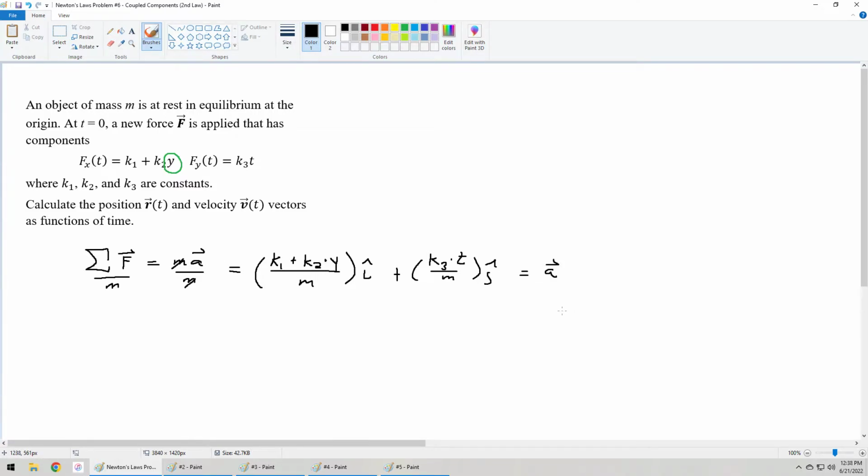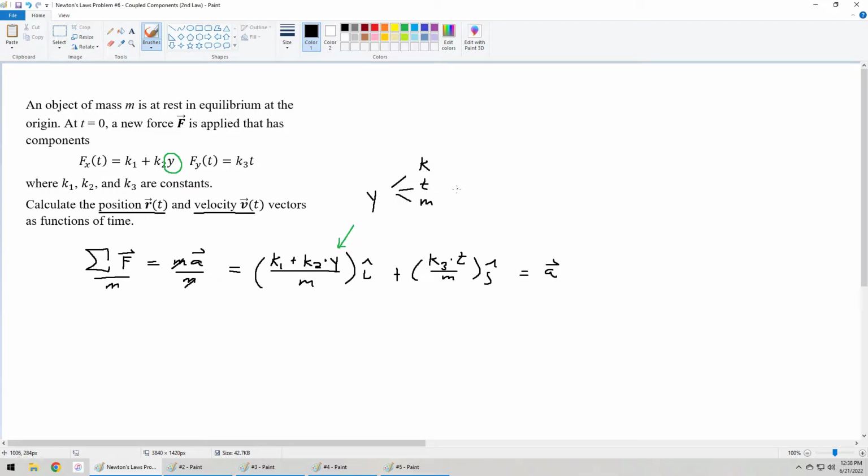Acceleration vector right there. And what we need to do in order to calculate the position vector and the velocity vector, both components, is figure out and unravel what y is in terms of all these other variables that we have included, right? We want y in terms of k's or t or m, right?